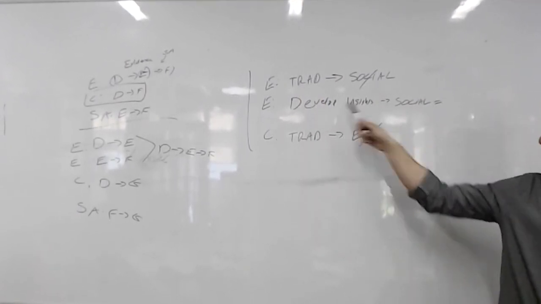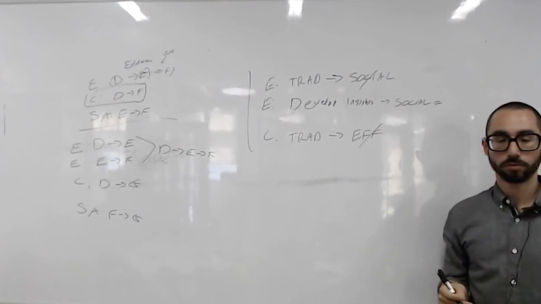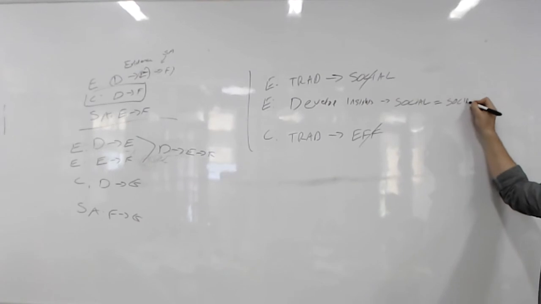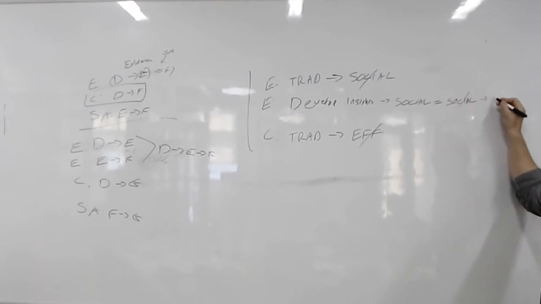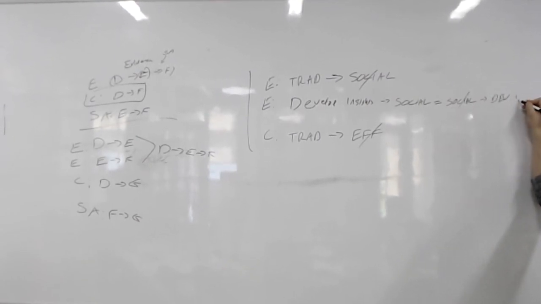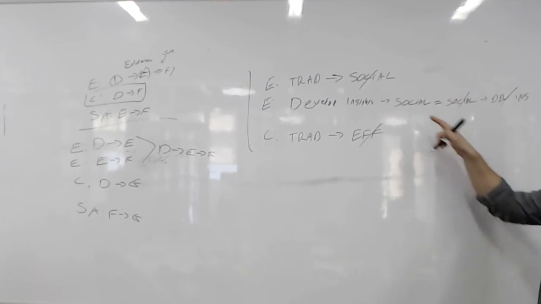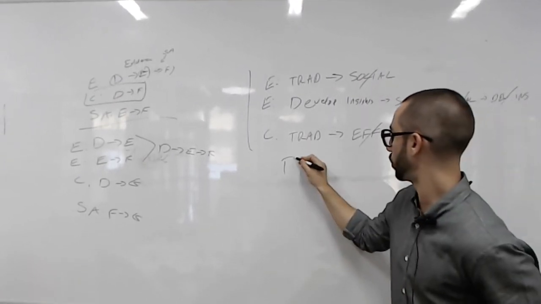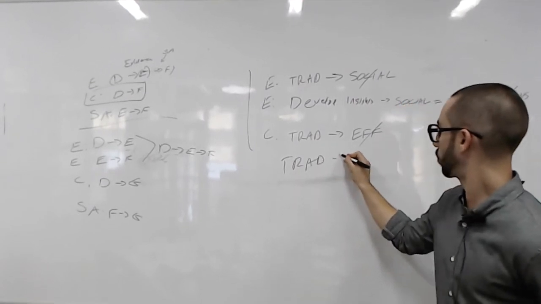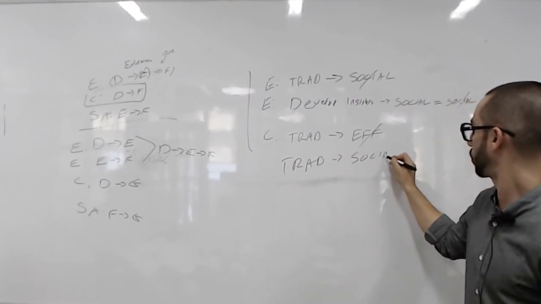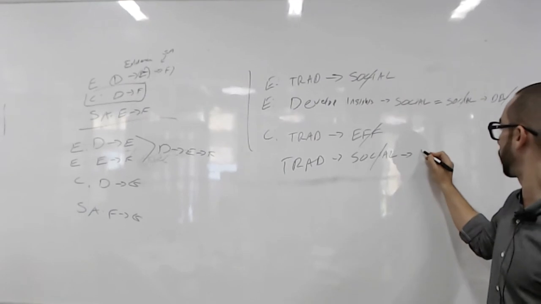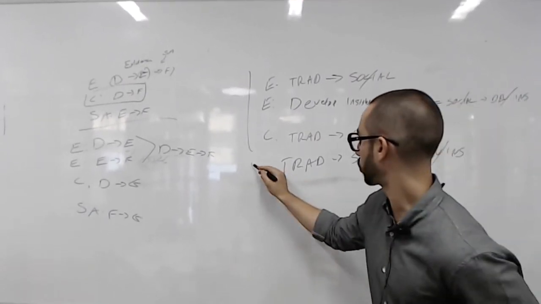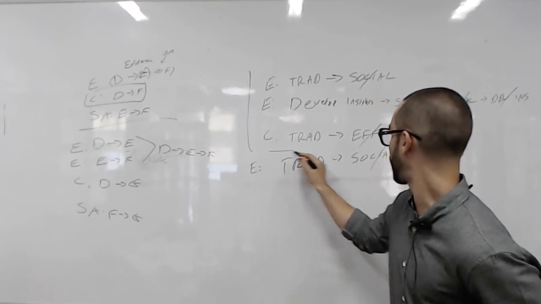So what's the contrapositive of this? Yeah, perfect. So not social, then not develop insights. These link smoothly. So traditional, then not social, then not develop insights. That's our long evidence chain.